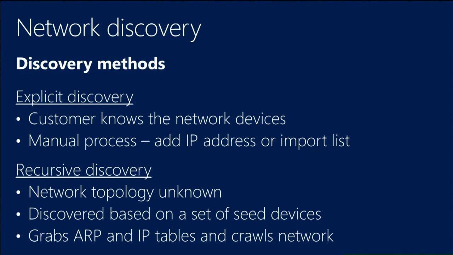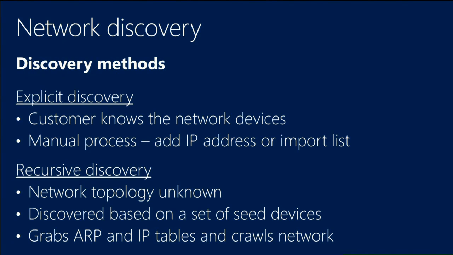Oftentimes it's where you might not know the network topology or have OM do the work and discover all the other devices. You add a seed device, so typically like a switch, a backend switch in your data center or something that's in the middle of your network. You need to supply the SNMP read strings that are potentially used for any device in your environment.